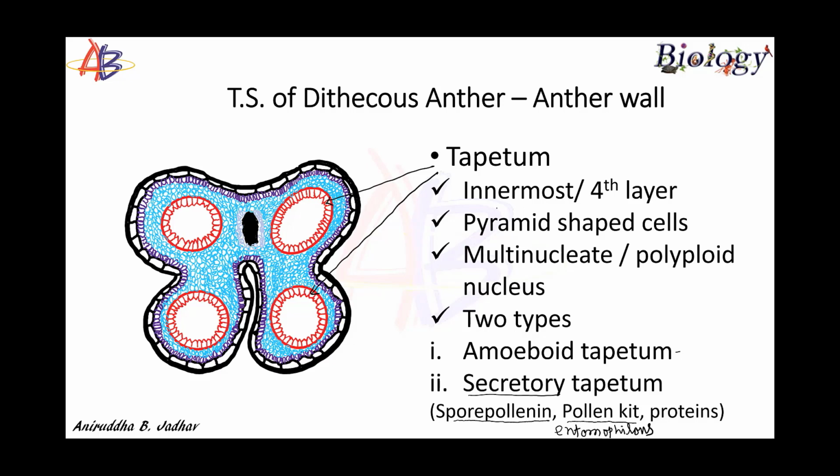In all these entomophilous pollen grains, the pollen kit is present, which is an oily and sticky coating. Because of this sticky nature, the pollen kit helps in attachment of pollen grains with the insect body part, and that's how it travels along with the insect from one flower to another flower.